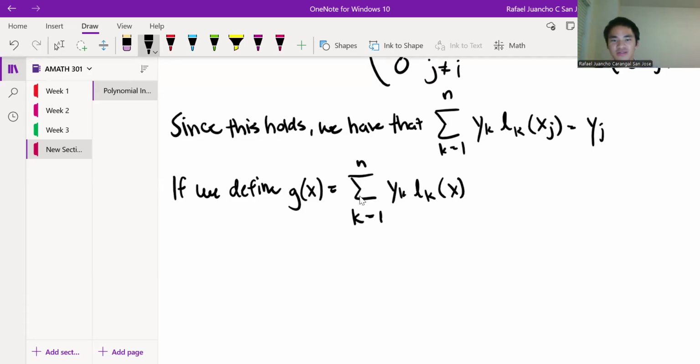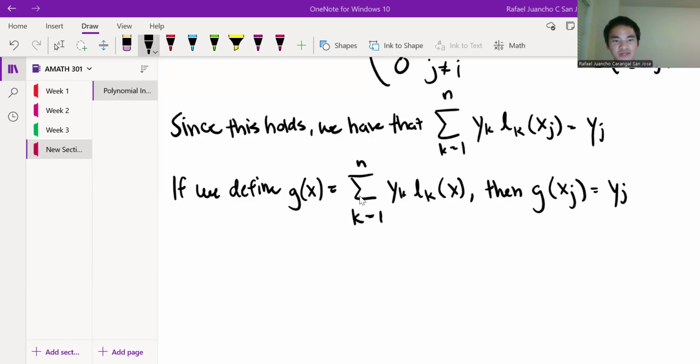Because I'm just plugging in that x value. Well, then I say that that function with the Lagrange and the summation, if I plug in my xj, I'll get my yj, right? So here now we're building up on something. Now we're creating a function that will help us lead to an output yj.